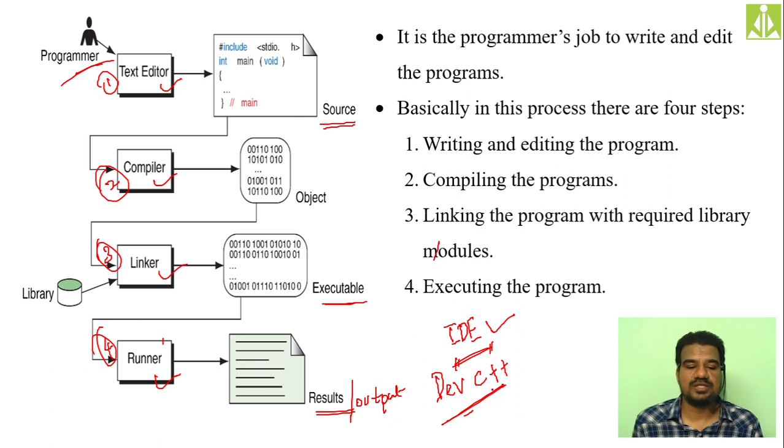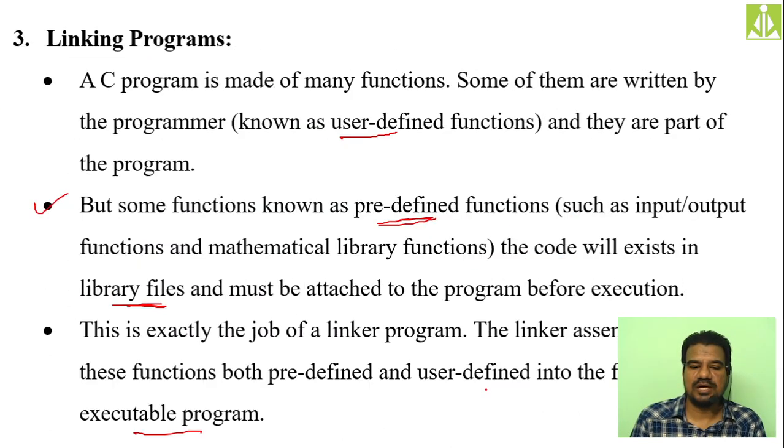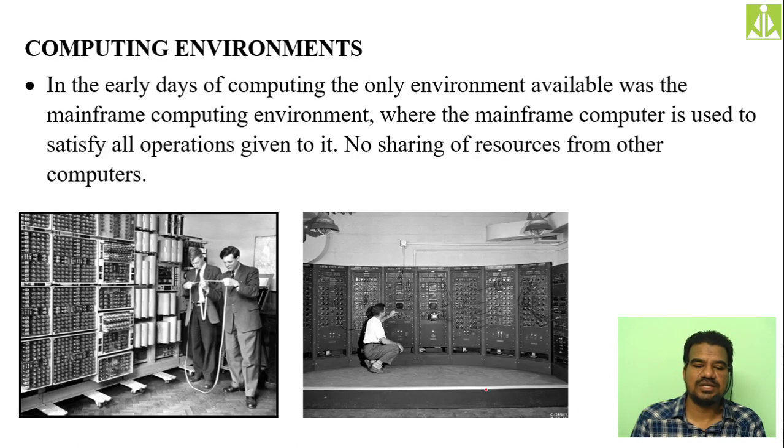So this is the way we write high level programs on our computers, how we compile, how we link, how we run, and how we check the output. Hopefully you understood. So the next concept in our first unit is the computing environment.